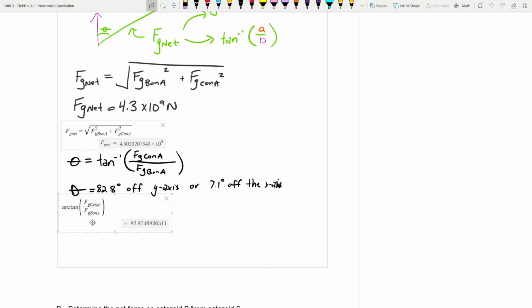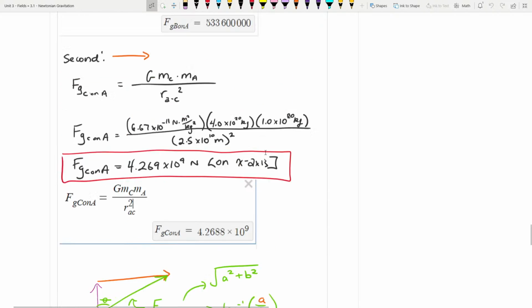And so our force of gravity net is equal to 4.3 times 10 to the 9 newtons, 7.1 degrees above the x-axis. And there we go. Not a terrible question.